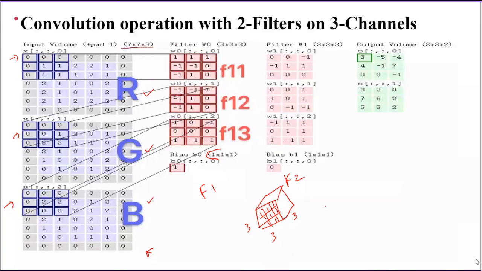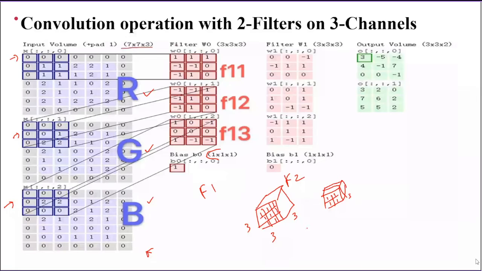This filter depth will also be 3 because the input image has a depth of 3. Now what happens? The first filter performs a convolution operation with this input image. So you will get 1 into 1 plus 1 into 1 plus 1 into 1 plus 1 into 1 for the first convolution value.